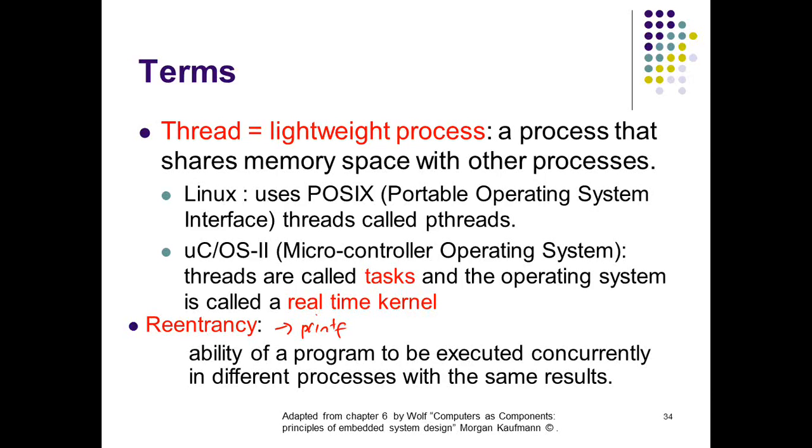So can anyone suggest why printf has to be reentrant? So suppose I have process 1, and it does something, and it calls printf, and it says hello. If I have process 2, and it does something, and it says printf, and it prints out David.